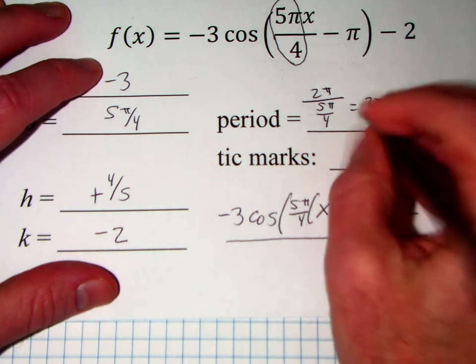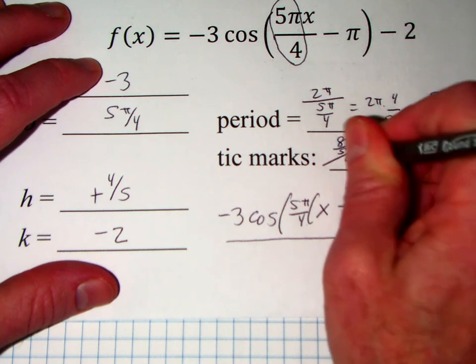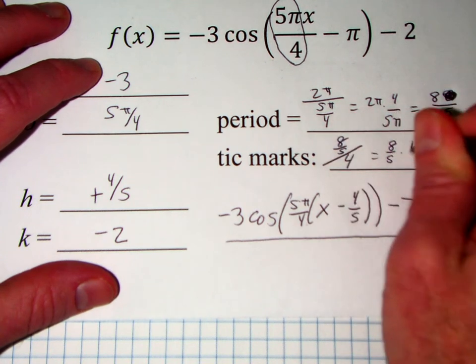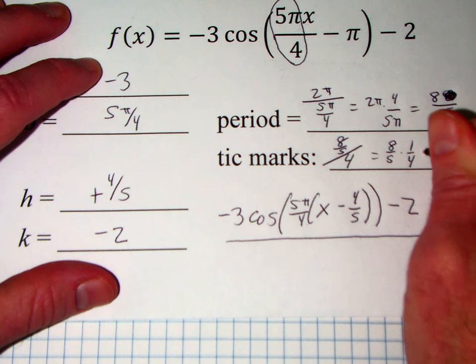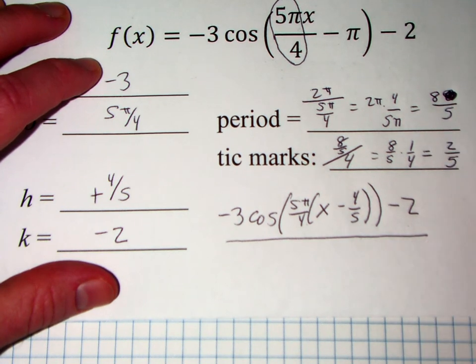And then for the tick marks, we're going to do 8 over 5 divided by 4, which is 8 over 5 times 1/4. And we can simplify that to 2 over 5. So period, divide the period by 4, 2 over 5.